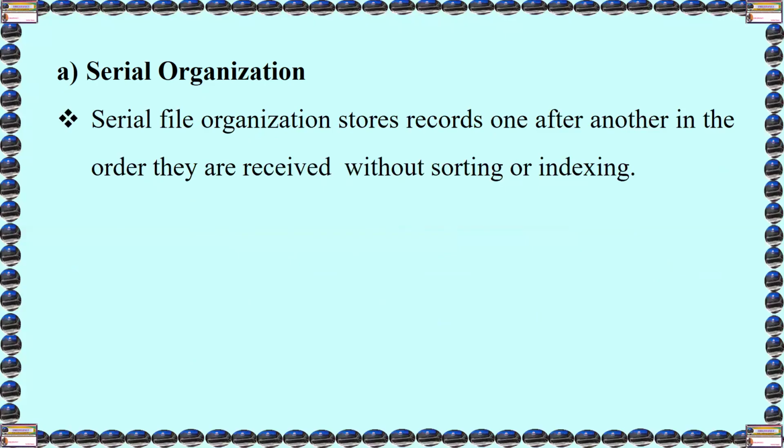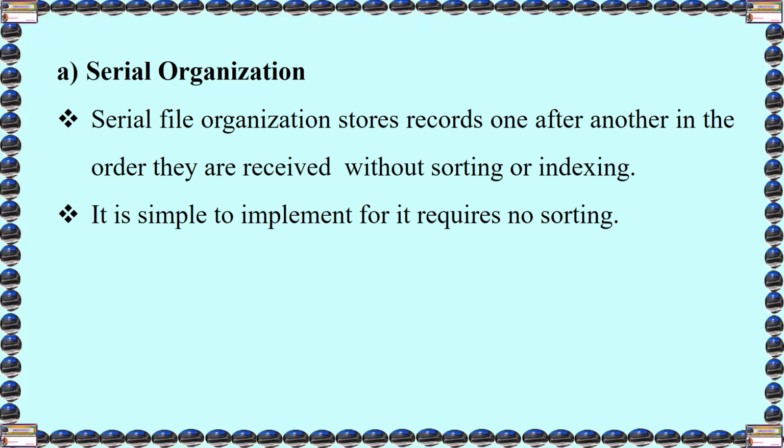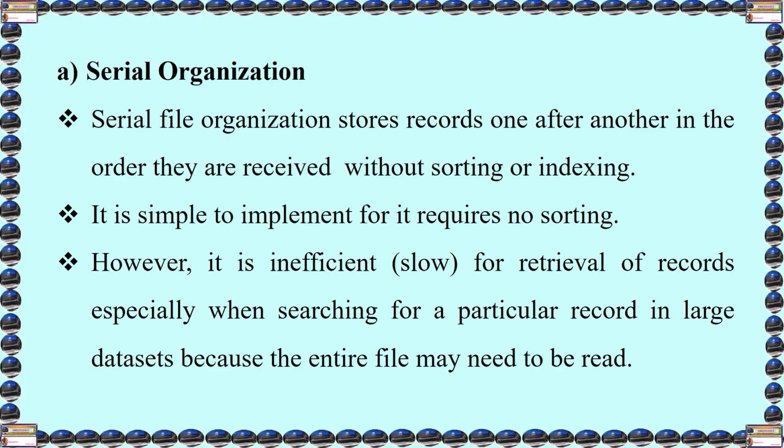Serial file organization stores records one after another in the order in which they are received, without sorting or indexing. It is simple to implement, for it requires no sorting. However, it is inefficient, that is slow, for retrieval of records, especially when searching for a particular record in large datasets, because the entire file may need to be read.